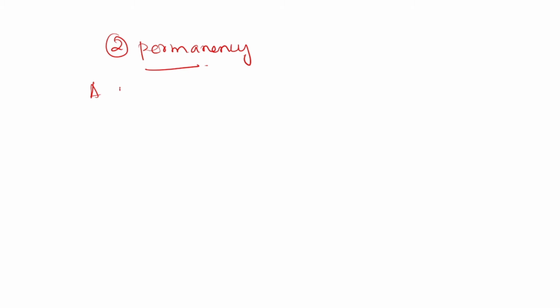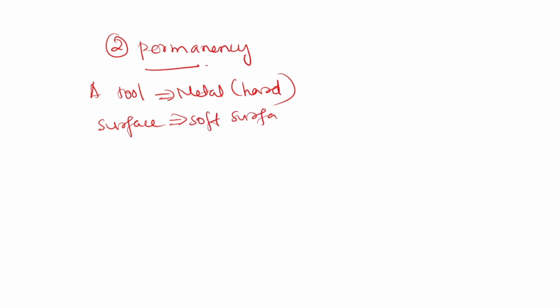A tool, we know, is made of hard metal, and the surface on which it leaves the mark is a soft surface. So the tool is not damaged in the process to any appreciable extent. It is a hard metal, so it is not damaged in the process of making tool marks.